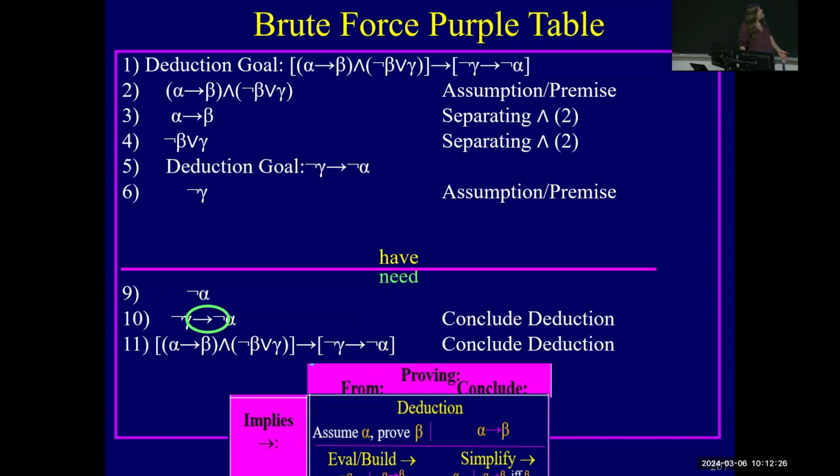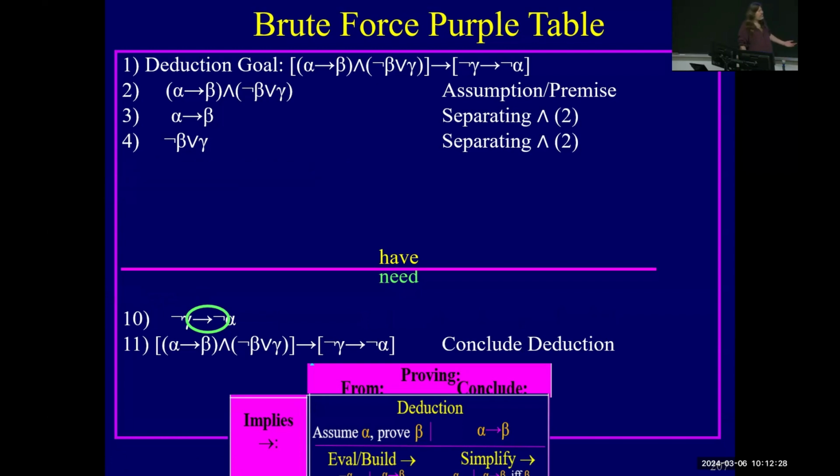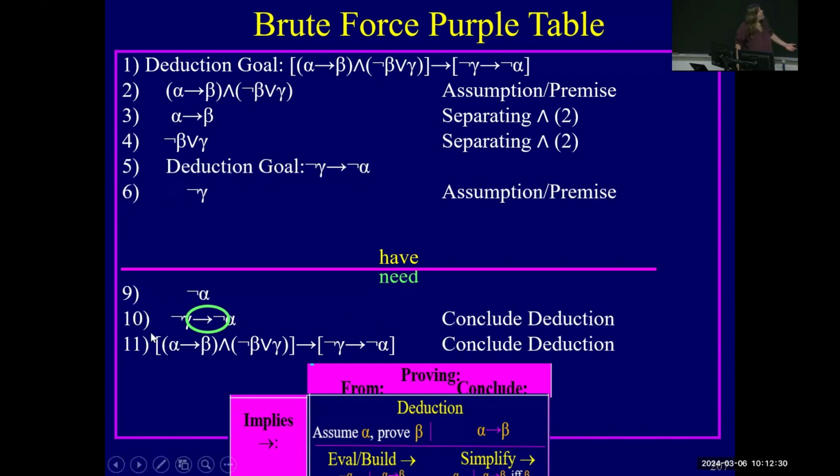So we throw in the deduction. Everybody see that? We're just saying, hey, I have to prove this. This is what I need. So I'm going to prove it by deduction, right? And I put in, I assume the left-hand side, and I need to get the right-hand side, right?